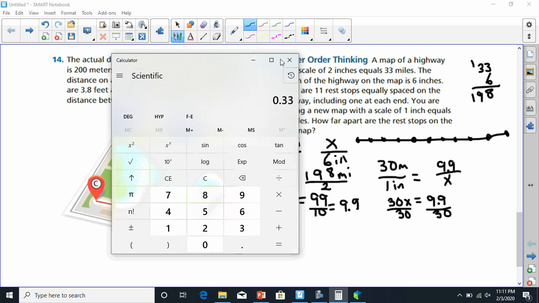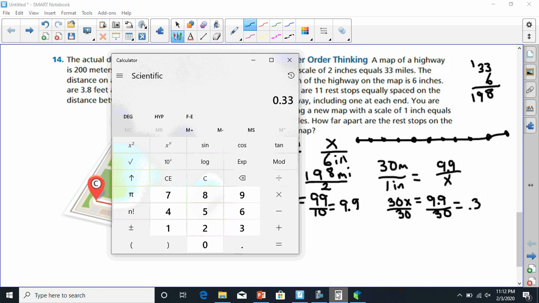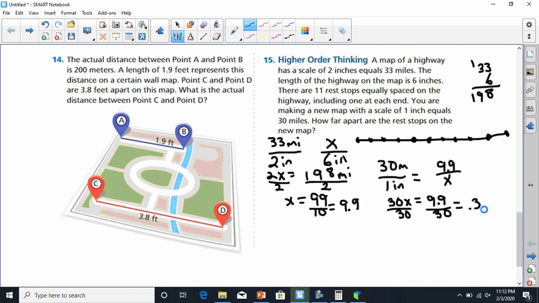And now, let's see, 0.33. Well, if I was going to do this, I would have to say that I'm really dealing with 33 over 100.